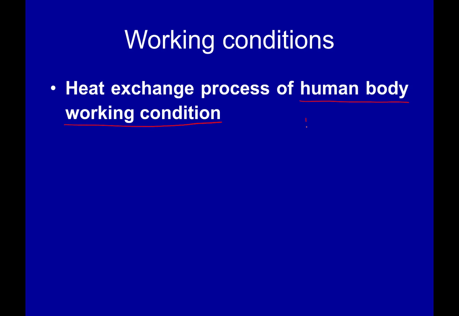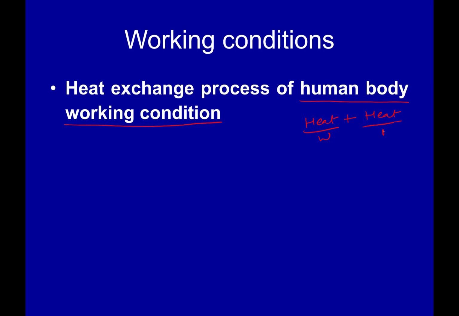So there is heat generated due to the work, and heat generated due to the metabolic activity of the human body. So there are two heat sources, one due to the work and another due to the metabolic activities.